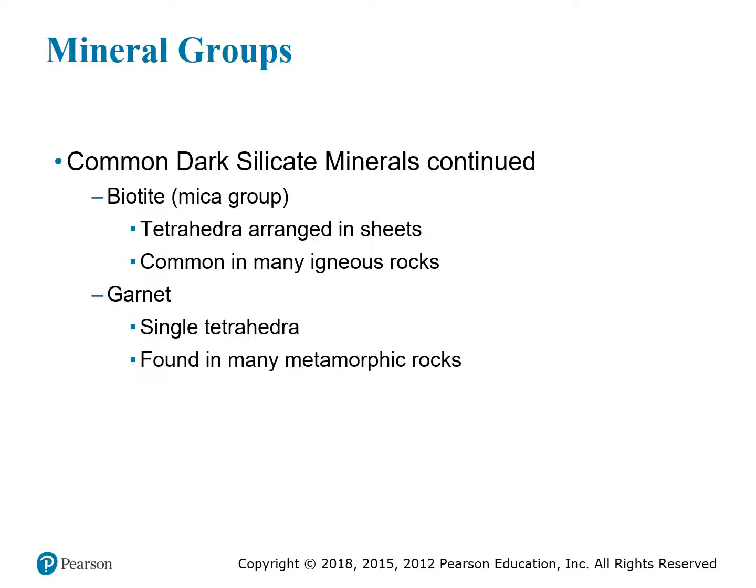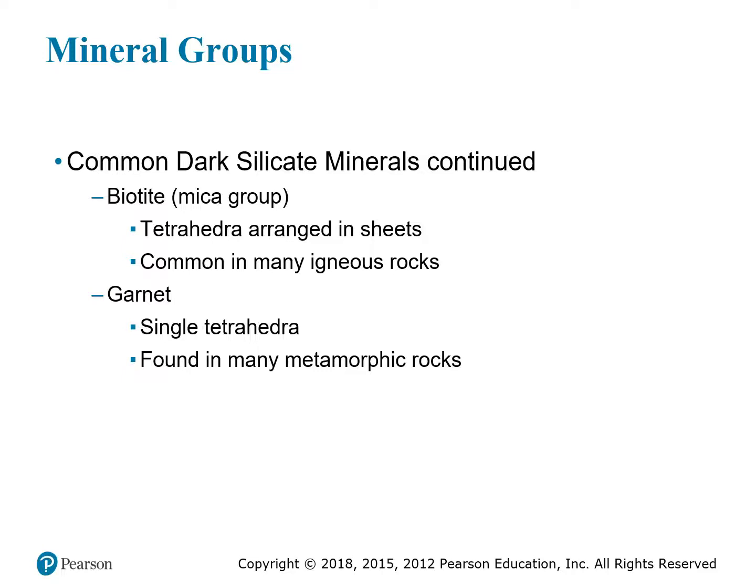And we also have some minerals which are possibly found nearer the surface. One is called biotite, which is a type of mica, like muscovite mica, but this is the dark colored variety of it, again contained in many igneous rocks. And garnet. Garnet is a highly crystalline mineral typically that is found in metamorphic rocks.